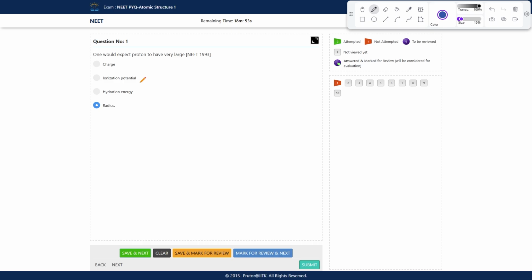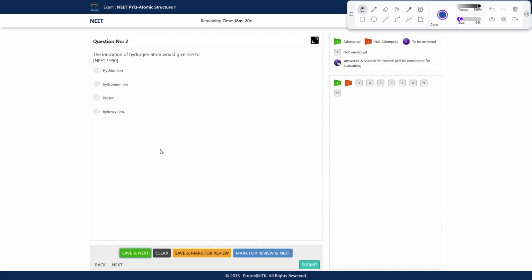I am giving you 10 seconds to solve this. So it has a large ionization potential. Okay, it is very difficult to remove a proton from a given nucleus.